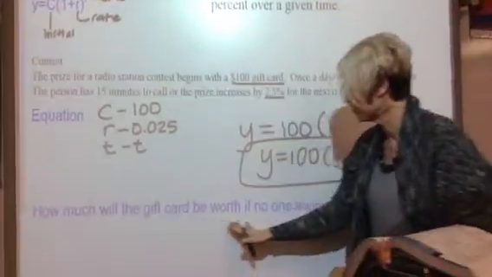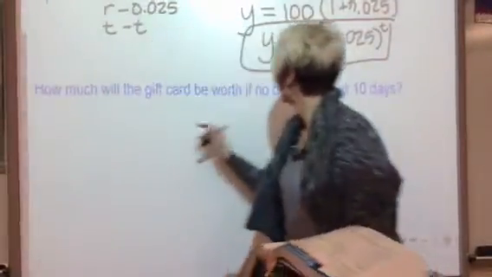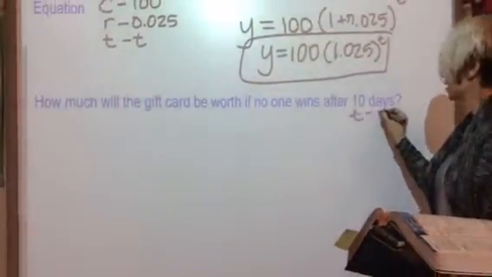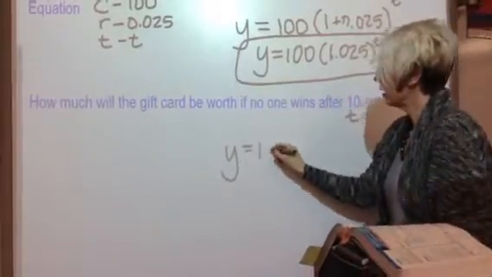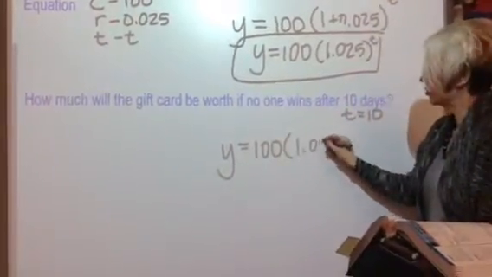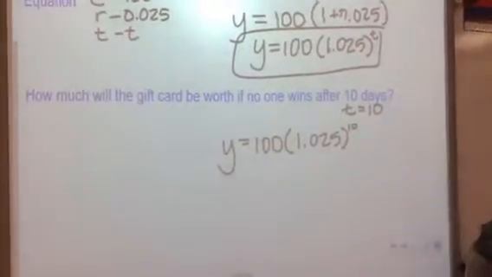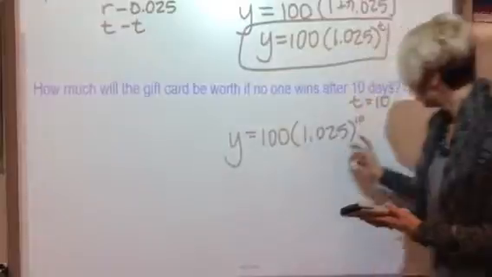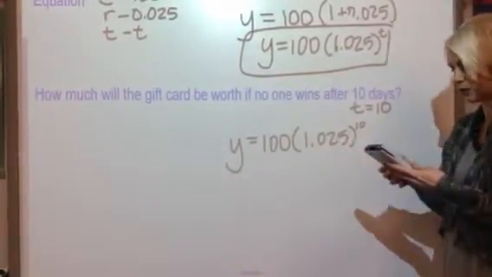Now, how much would the gift card be worth if no one wins after 10 days? So we're going to use our t as 10 here. So we will type in 100 times 1.025 to the power of 10. On your calculators, you will definitely need a calculator for this lesson. You're going to start with order of operations, to do the power first.